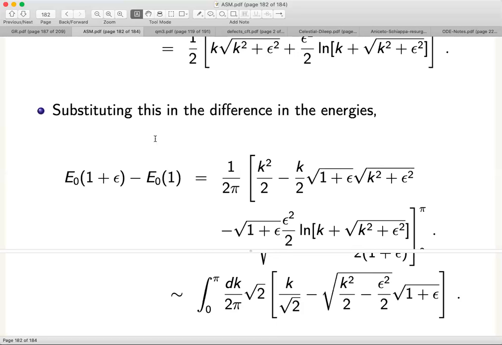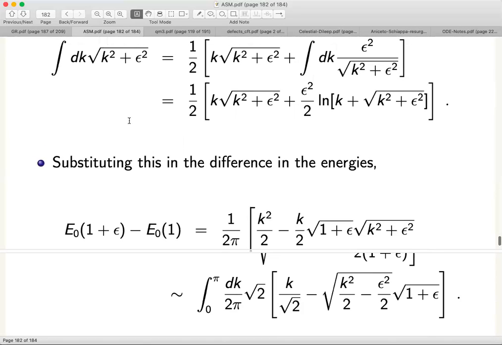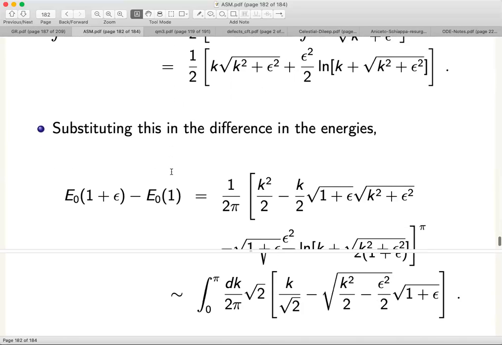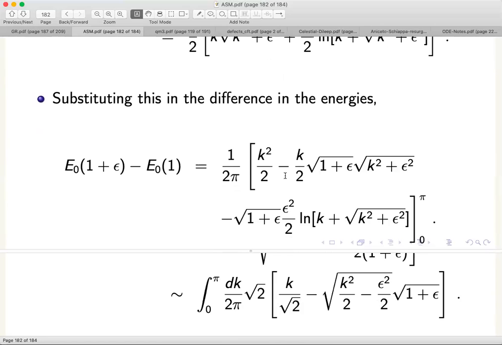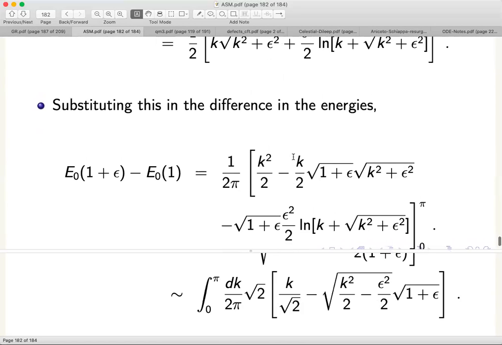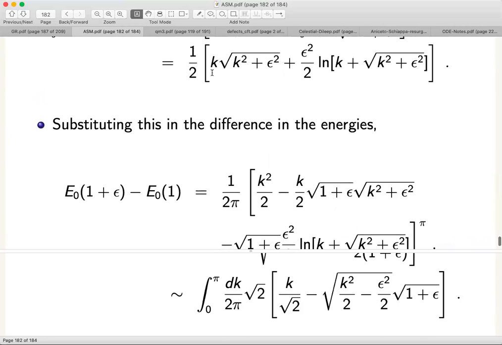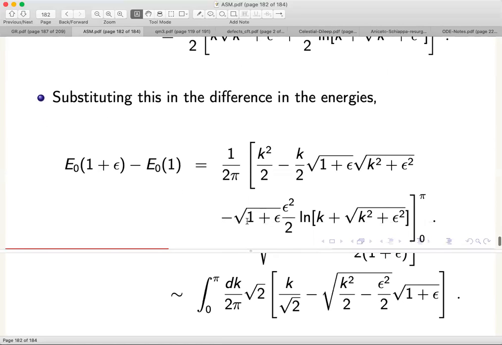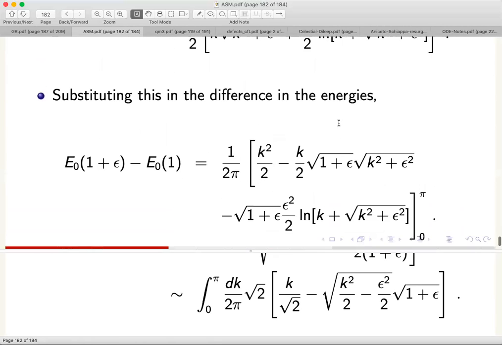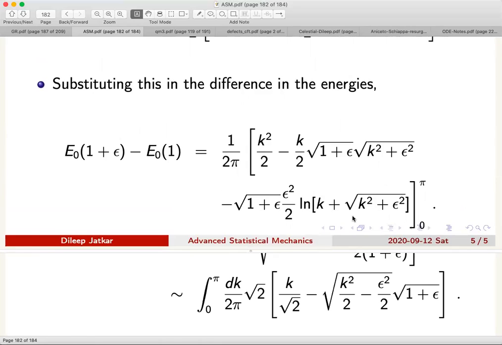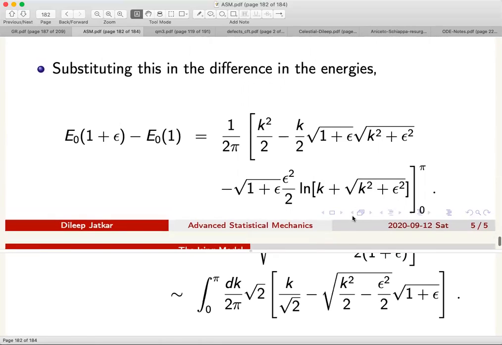The second integral, which was the quantity that we have just computed here, this should have been a plus sign, I will correct that one, gives us the answer, which is this. But there is an overall minus sign here, so because of that there is a minus k by 2 times square root of k squared plus epsilon squared times square root of 1 plus epsilon, minus 1 square root of 1 plus epsilon times this piece. So that's the kind of behavior that we end up getting.